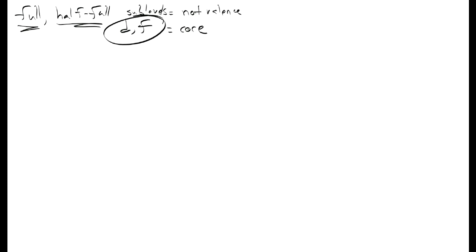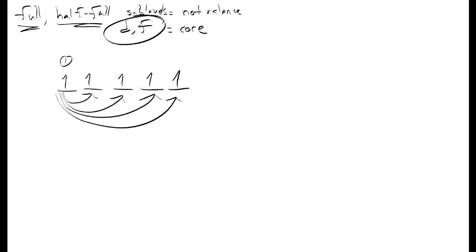D and F have enough orbitals that you can get significant resonance. Because here's D, say it has a half-full sublevel. This electron here, number 1, it sees resonance with 1, 2, 3, 4. That's a heck of a lot of resonance.